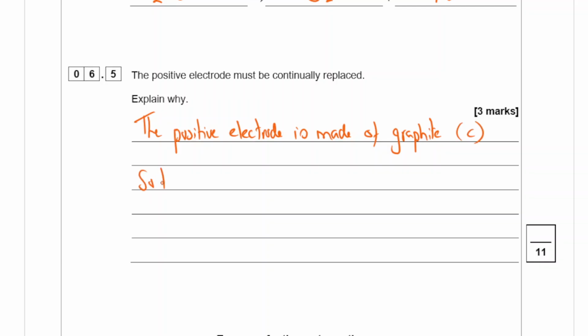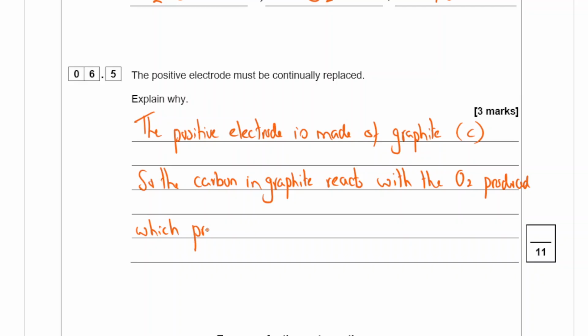So the carbon in graphite reacts with the oxygen produced in the electrolyte, which produces carbon dioxide. So the graphite electrode is continuously wasted, or it's actually continuously burnt away.